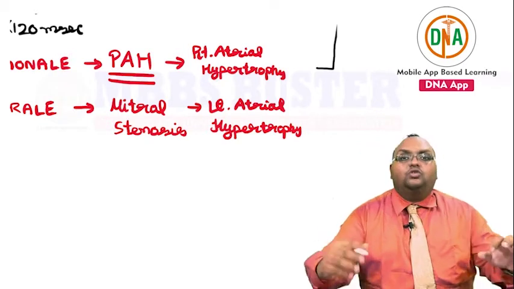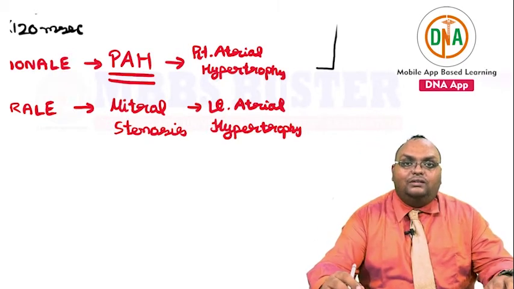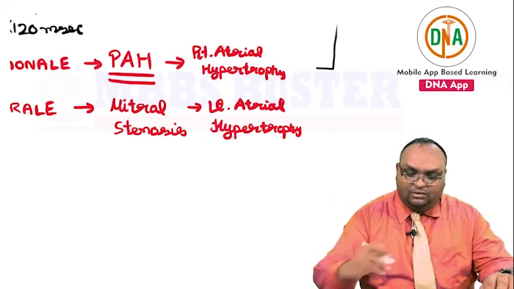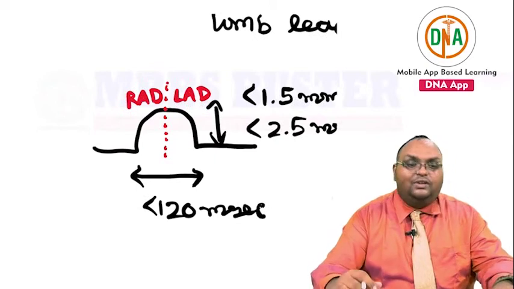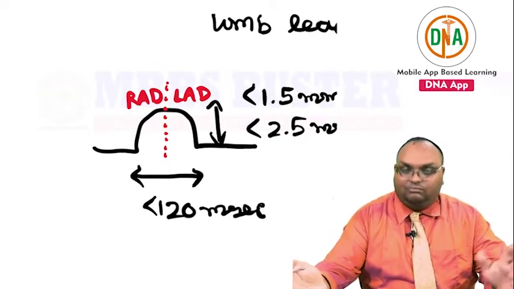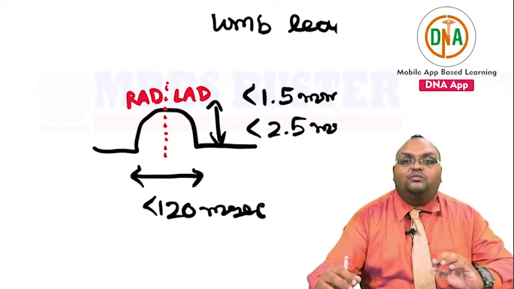Since you would have a left atrial hypertrophy and dilatation, if you just look at the normal P wave, it is like this. You have the right atrial depolarization part and the left atrial depolarization part.